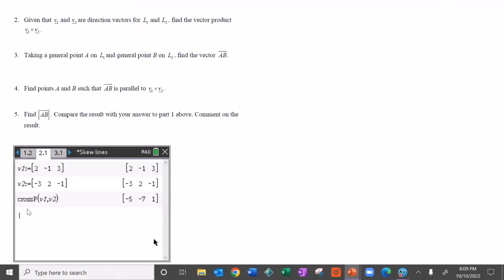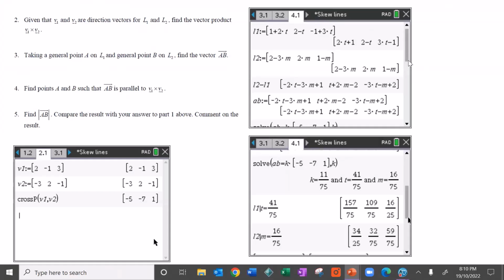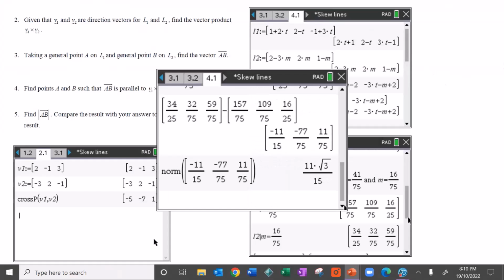So we do V1 and V2 and cross product as asked here. And then I find those general points on the lines L1 and L2, and I find L2 minus L1, and I want that to be parallel.